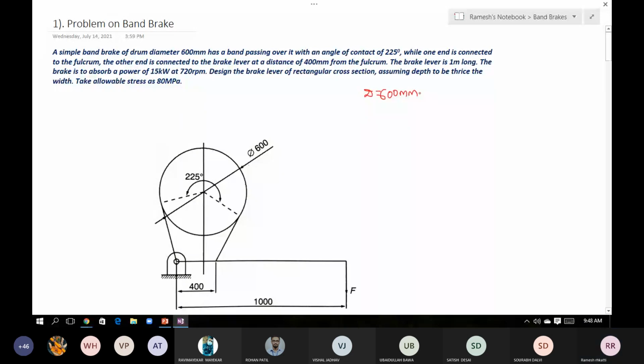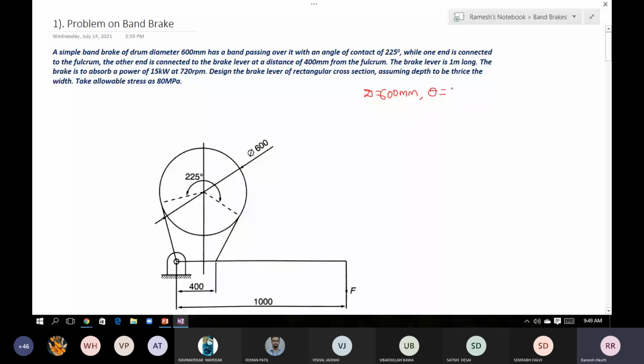And it has a band passing over it with an angle of contact of 225. Means they have given the angle of contact, that is theta, it is 225 degrees. This degree has to be converted into radians.